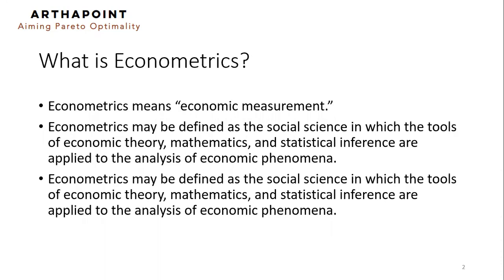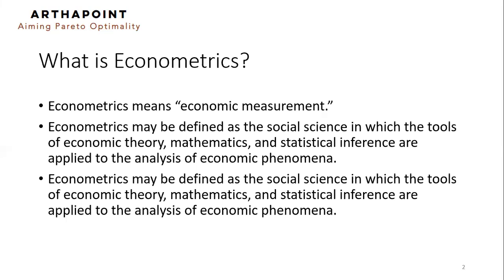The word econometrics ideally means economic measurement. So we give measurement, we give values, we give numbers to economics, and that is what econometrics is all about. There are several definitions of econometrics.